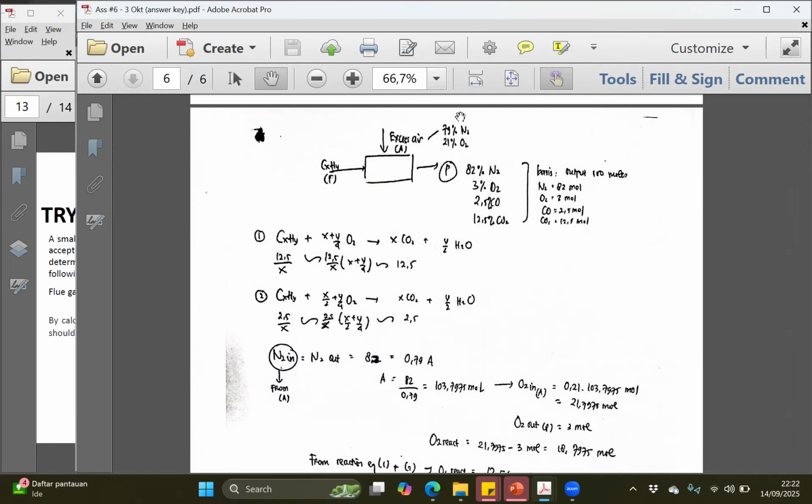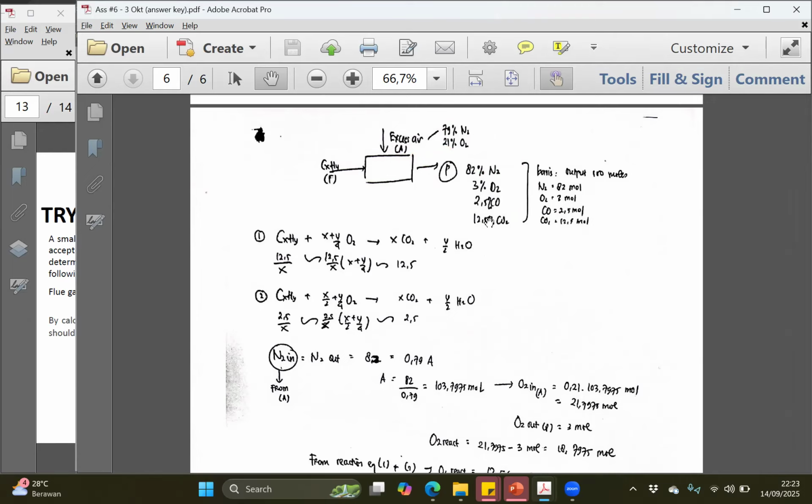Because there is carbon dioxide and carbon monoxide produced, so there is combustion, and hydrocarbon cannot burn by itself. There should be oxygen there. They also mention in the problem that there is air, but whether it's sufficient or not is what we are going to find. So we put excess air with this composition, and then there is a product.